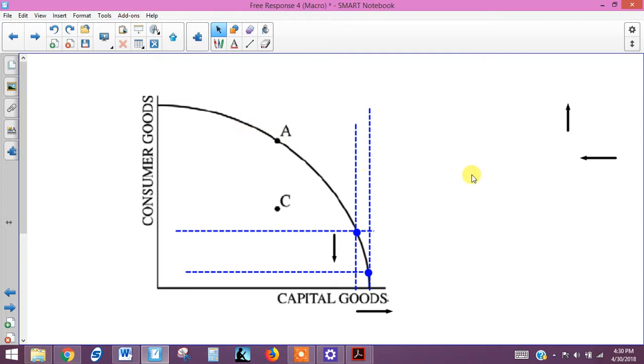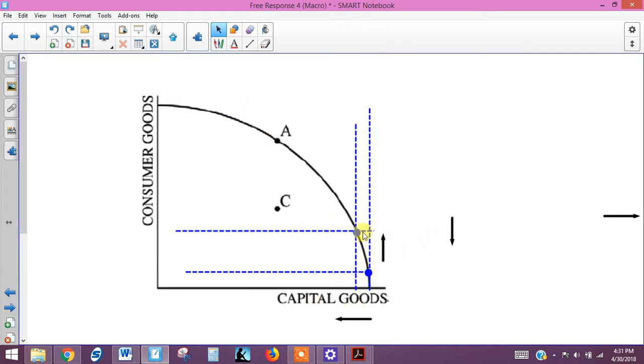I won't take the time to break that down in detail, but you can do it on your own. As we move this way on the curve, we're producing more consumer goods, and we're producing less capital goods. So as we move upwards, we're giving up capital goods in order to produce more consumer goods.